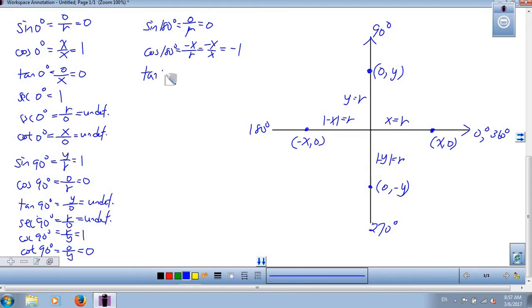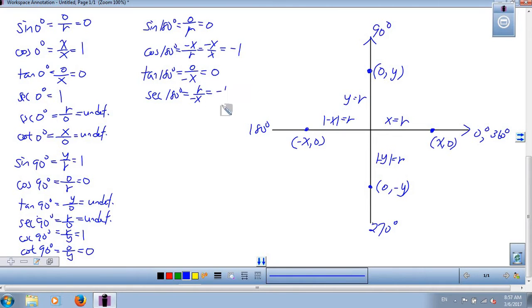And tangent of 180 degrees will be equal to y over x. Now, x is negative x, but even though it's 0 over negative x, it's still equal to 0. So the sign doesn't matter in this case. But for the secant of 180 degrees, it does matter. So it will be equal to r over negative x.